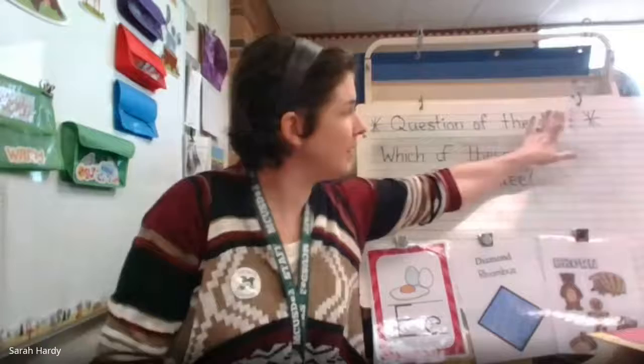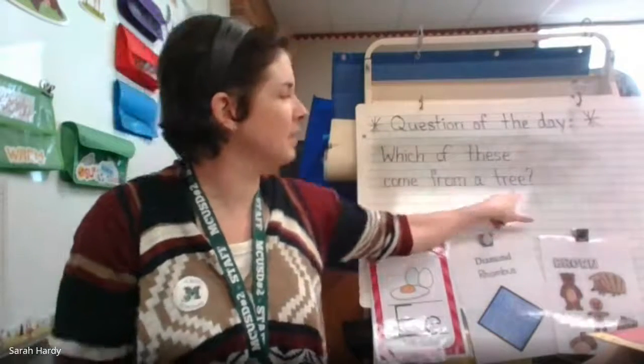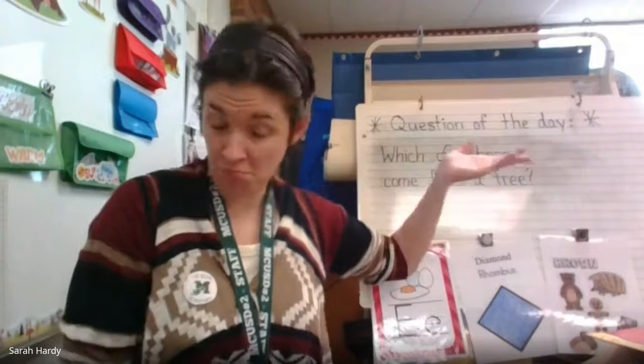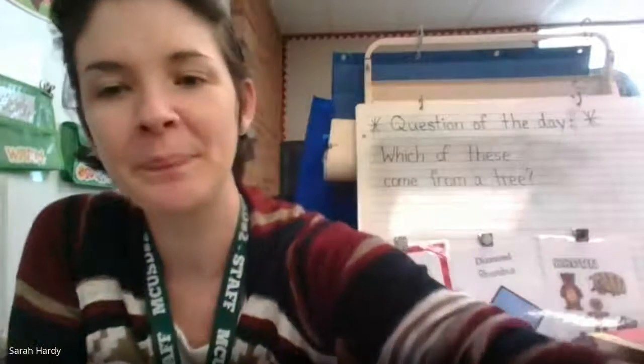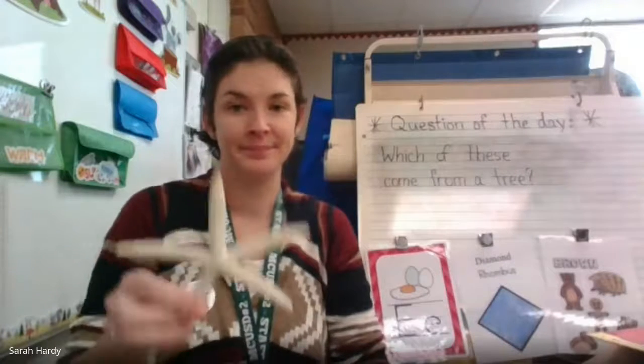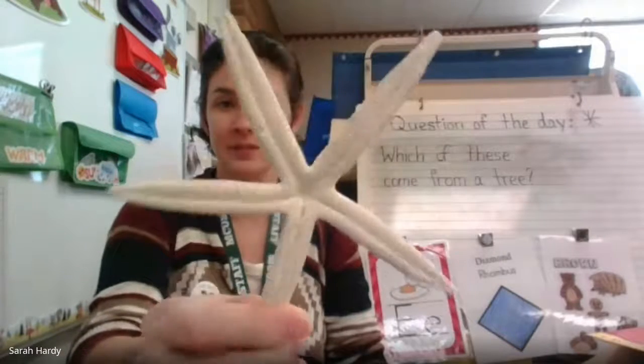Question of the day. Which of these come from a tree? Oh, I had it hiding over here. Okay, are you ready? Which one comes from a tree? What is this? A starfish.